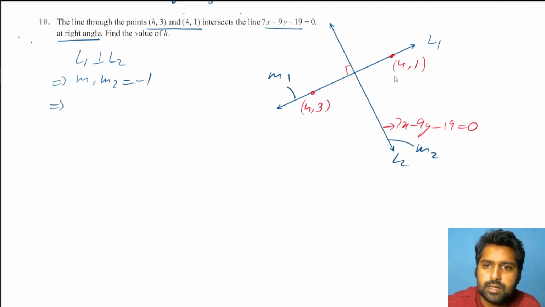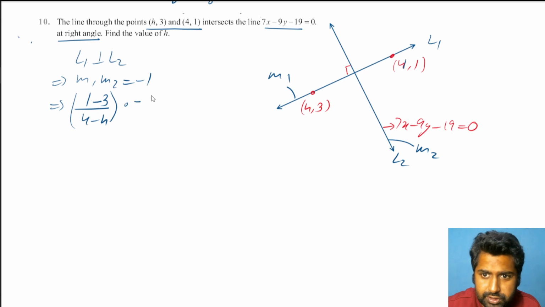So let's calculate M1. 2 points are given, so we'll use the direct formula, y2 minus y1 upon x2 minus x1. So 1 minus 3 upon 4 minus h. For M2, use the direct concept, negative of coefficient of x upon coefficient of y, and M1 M2 is equal to minus 1. Cancel this.